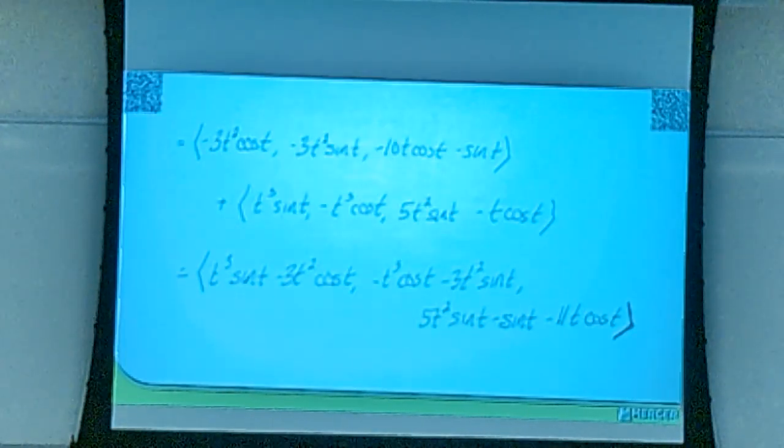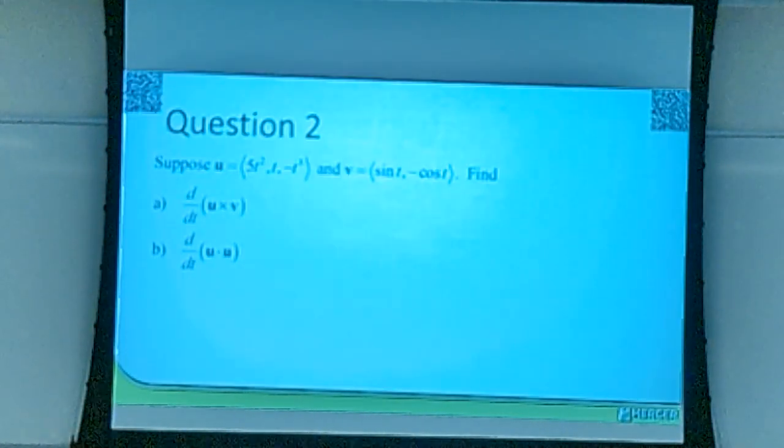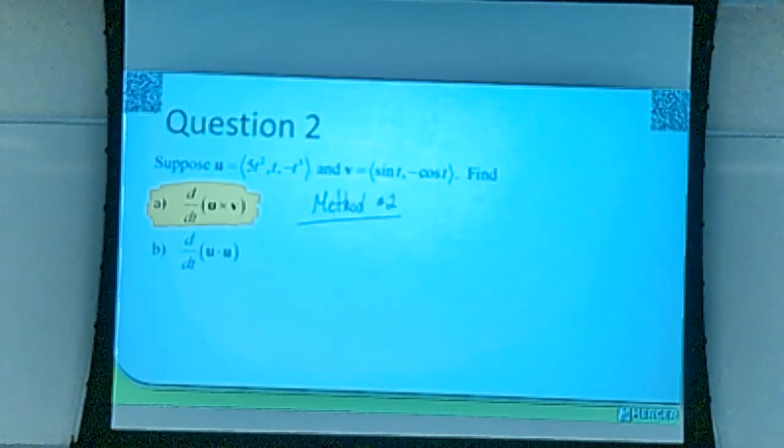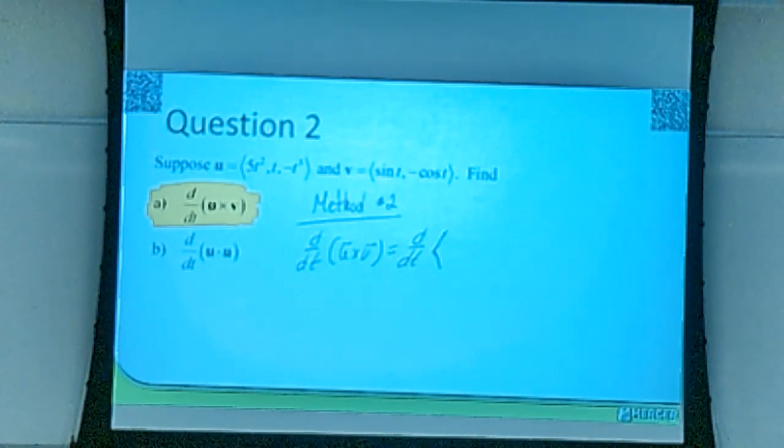Method 2. Take the cross product first. And so again, treat the v like it has that 0.